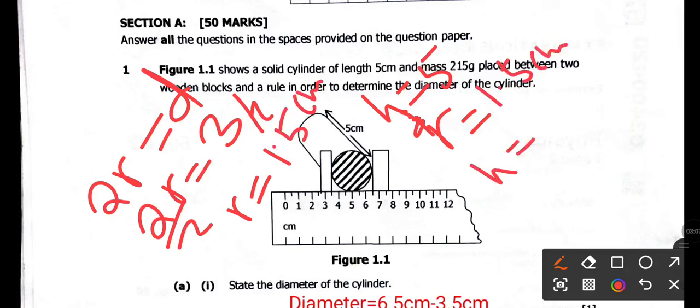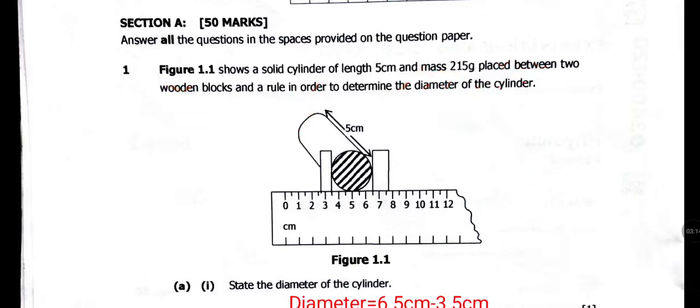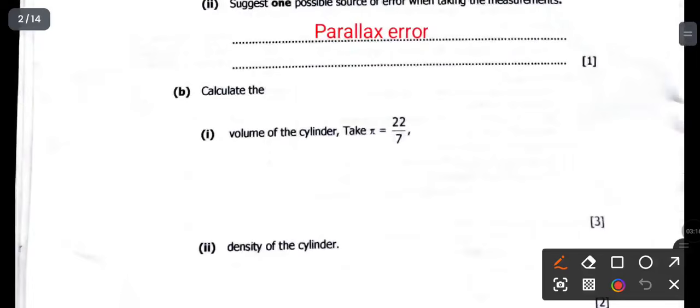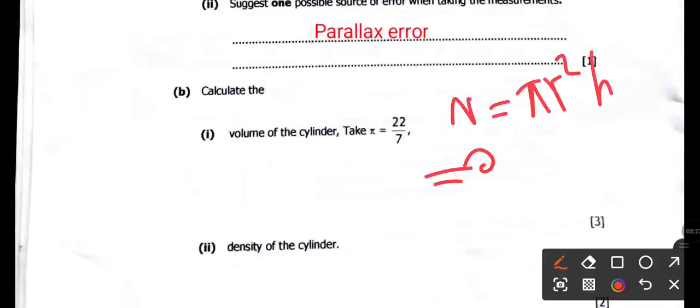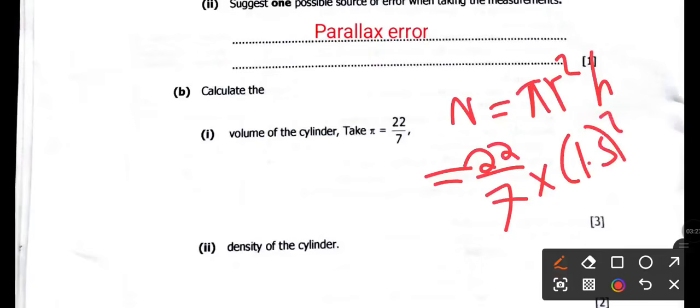And the value of pi I'm already given in the question. It's 22/7. So here I say the formula is pi r squared h. Pi is 22/7, the r is 1.5, and the h is 5.